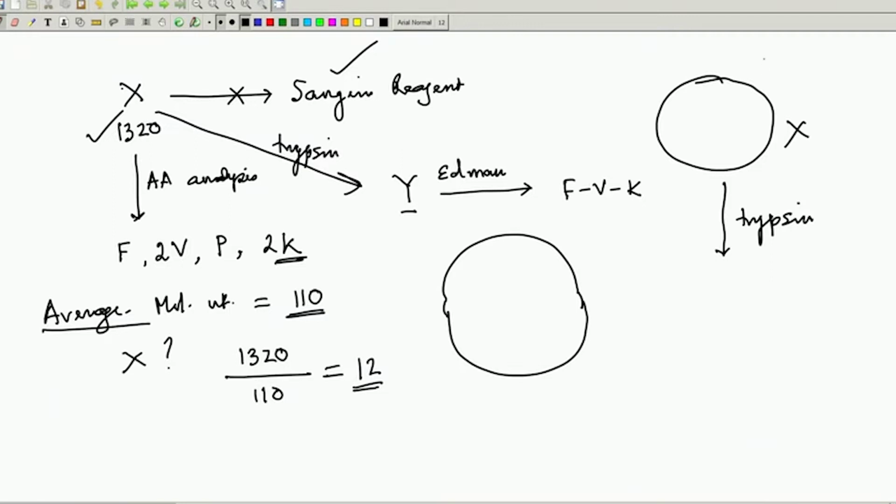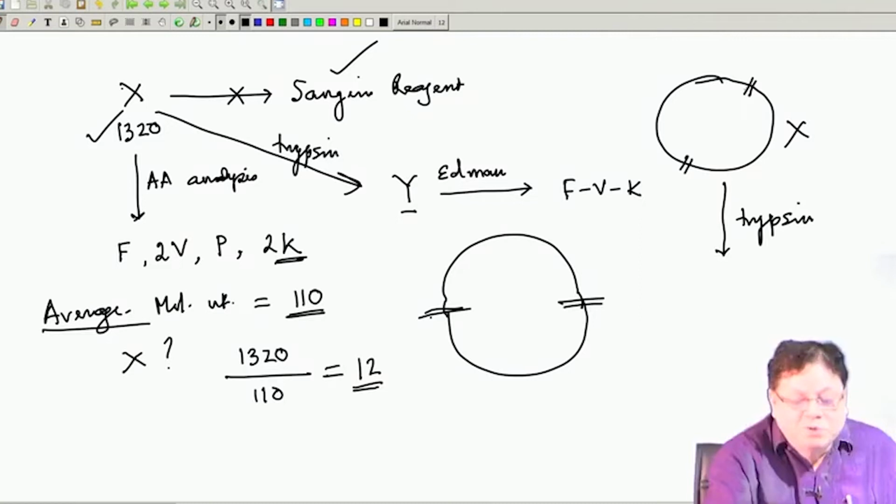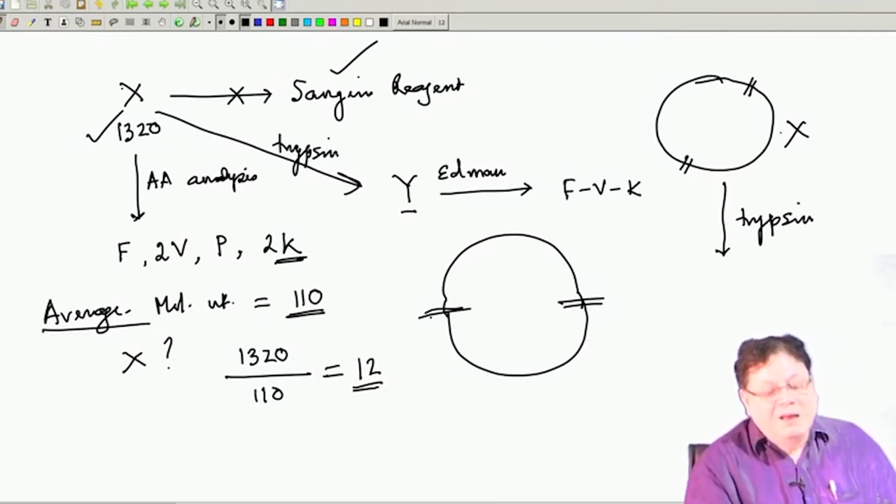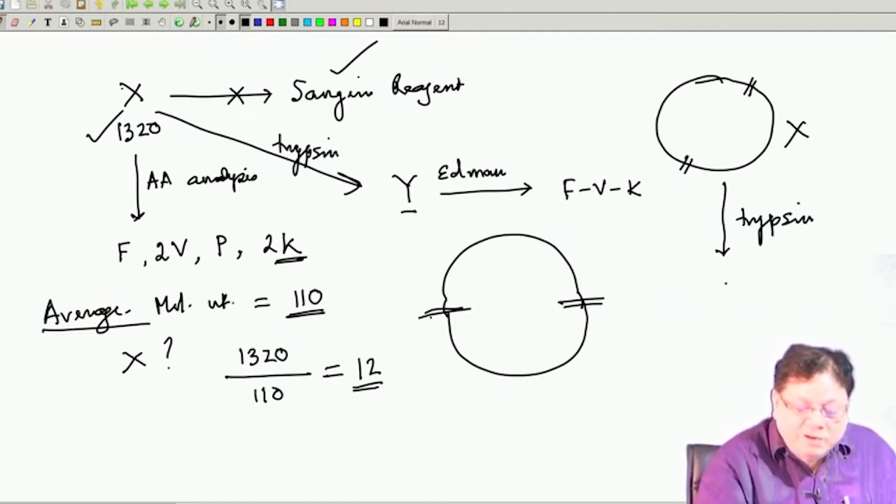Now, the question is, it is definitely cleaved somewhere, and it is cleaved because of the lysines. I say this because it is the doubling of the whole thing. So, there will be at least 2 cleavages in this whole circle, and if there are 2 cleavages in the whole circle, what do you get?